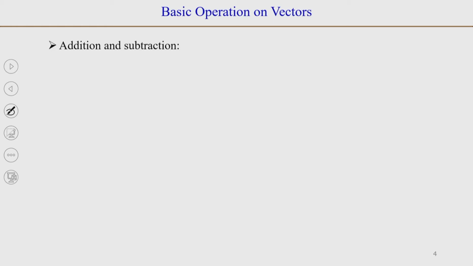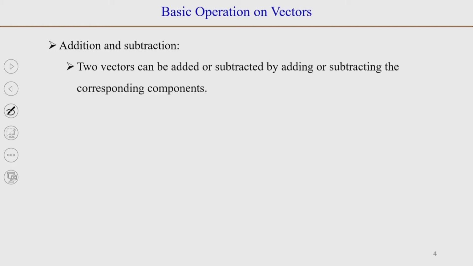that when we operate on vectors, the normal operations, subtraction and addition, are very common, and by now, since we have been doing mathematics, these concepts would have been built up in our subconscious mind. So, just to repeat it, two vectors can be added or subtracted by adding or subtracting their corresponding components.